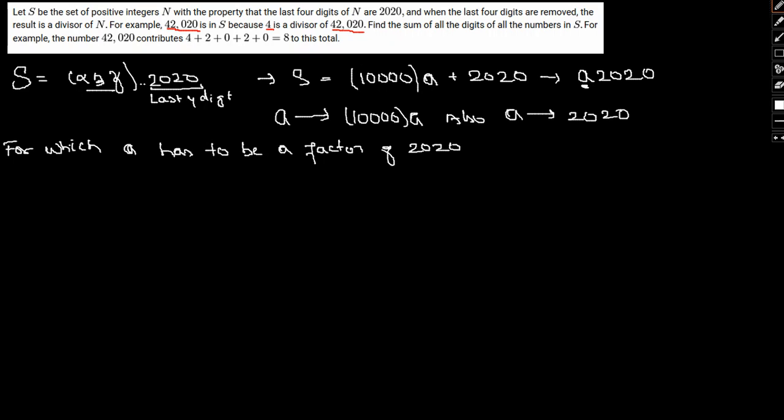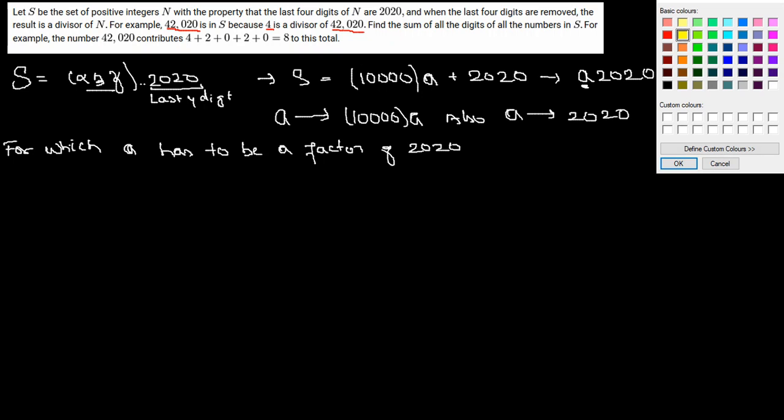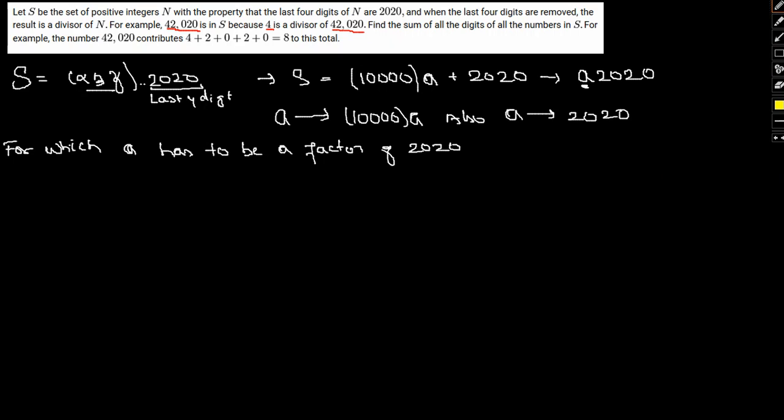Now if we take a look at the number of factors of 2020, we divide by 2 to get 1010, again by 2 to get 505, then by 5 to get 101.